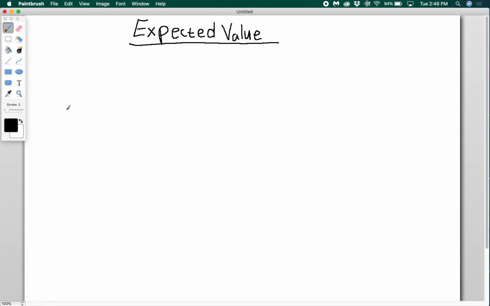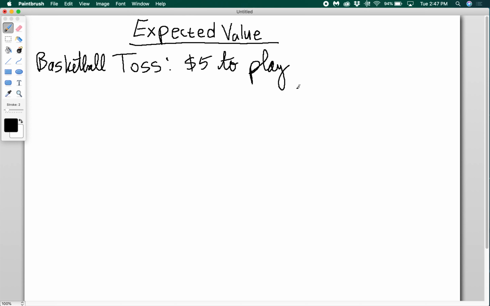Let's say that you are going to do a basketball toss. Let's say it costs $5 to play. And you get 3 tosses, okay? So if you get 0 baskets, then you get nothing.